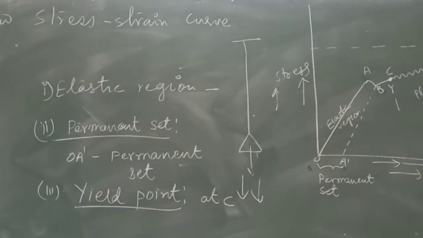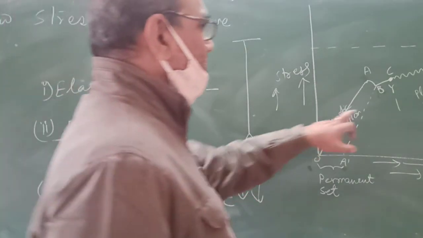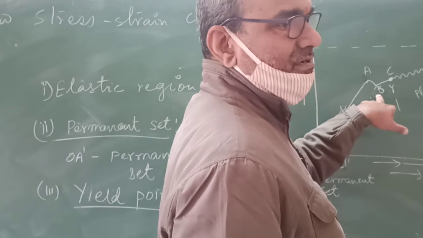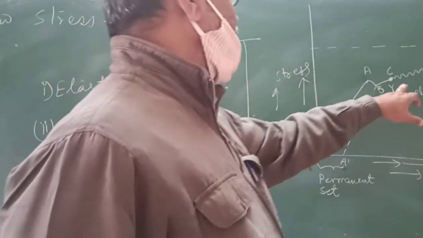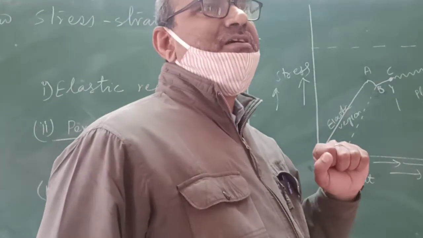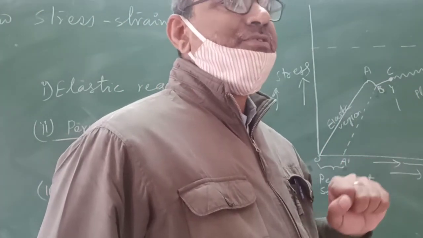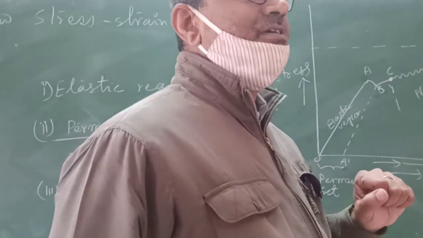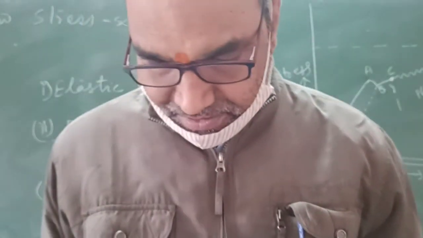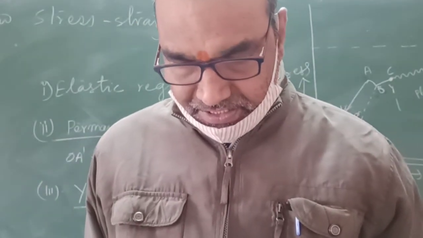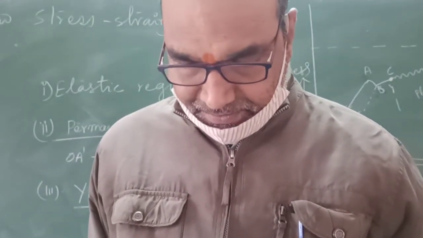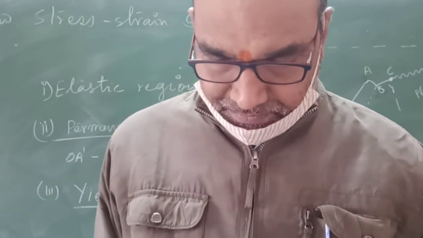Then again I explain to you, when load increases beyond the point C, a very large strain is produced in the wire. Up to the point C, the wire begins to flow like a viscous fluid. Beyond the point C, there is a zigzag line, and thinning of the wire starts.